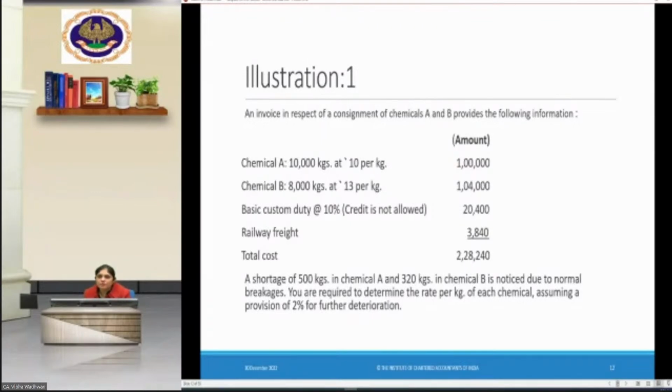Basic custom duty is 10%. Railway freight of 3,840 we will apportion between chemical A and chemical B on the basis of the quantity purchased, and not the effective quantity. So the railway freight of 3,840 will be apportioned between A and B on the basis of 10,000 and 8,000 respectively.